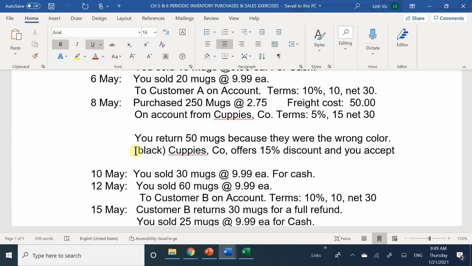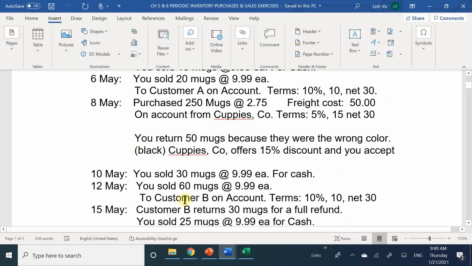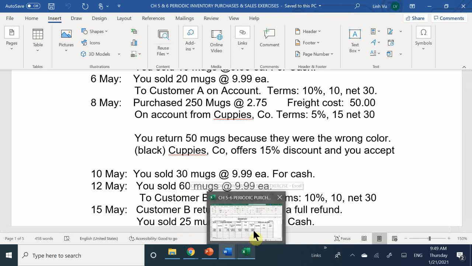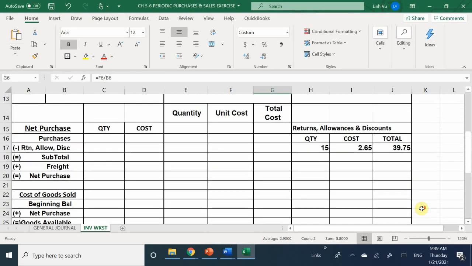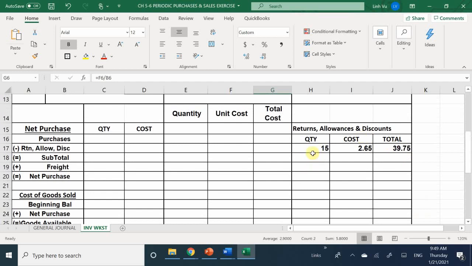Okay, so how are we going to recognize this transaction? Returns, allowances, and discounts. Okay, now did we actually return any items? No, because they convinced us to keep it.